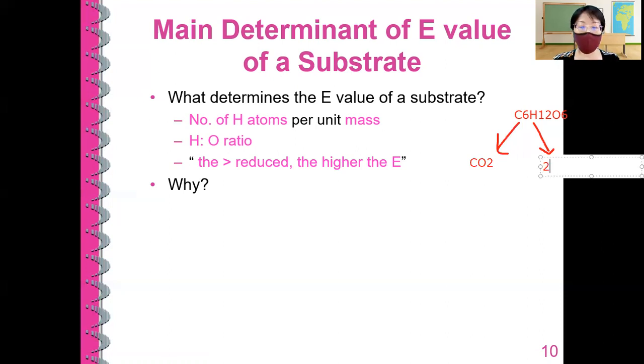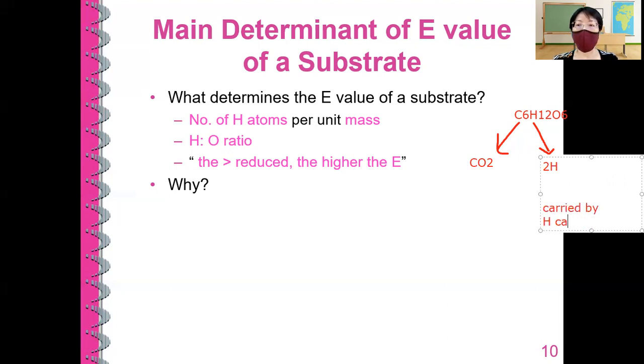And this hydrogen, 2 hydrogen being removed at a time, will always be carried by the hydrogen carriers. And the hydrogen carriers are what? Either NAD or FAD. And when they carry, they become NADH plus H plus, and FADH plus H plus.